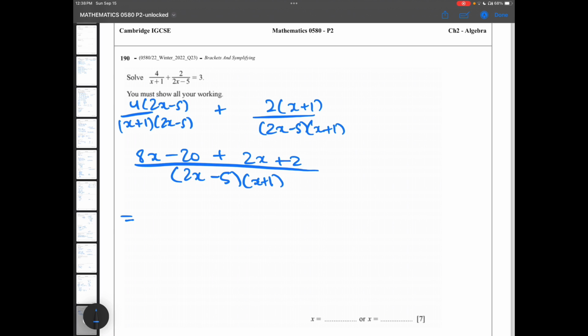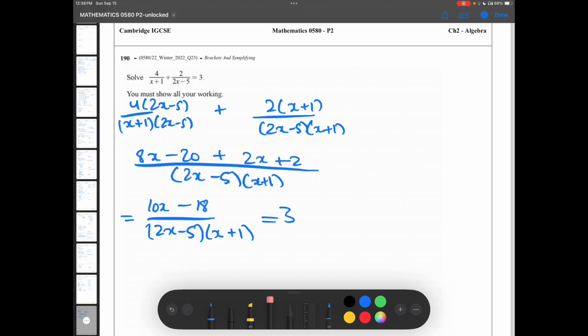Now we'll simplify the numerator. 8x plus 2x is 10x, minus 20 plus 2 is minus 18, over 2x minus 5 into x plus 1. So this is equal to 3. We were supposed to solve it.